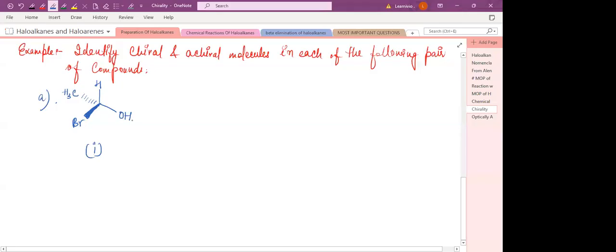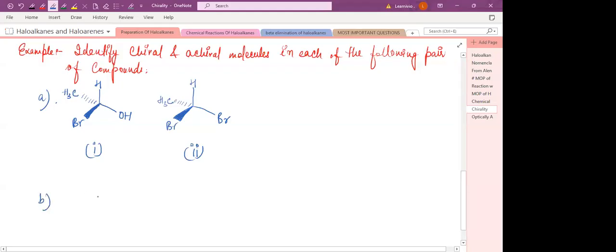That's the first molecule. The second molecule is carbon attached to hydrogen, here the bromine is attached, and here bromine and your CH3. So in question number A, you just have to identify which one of these 2 options is chiral and which one is achiral.